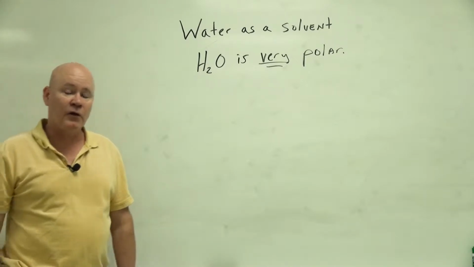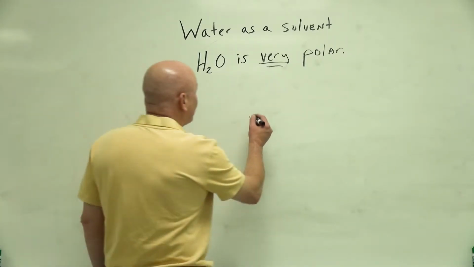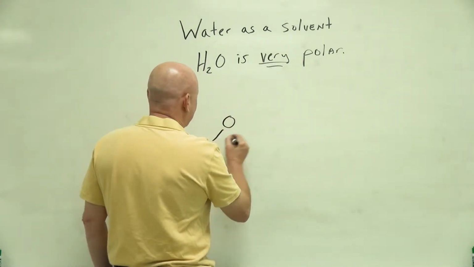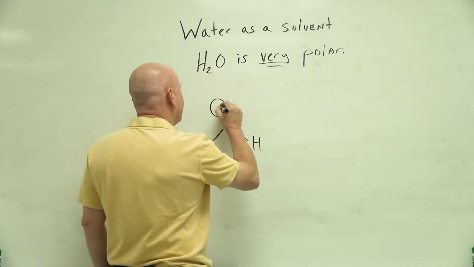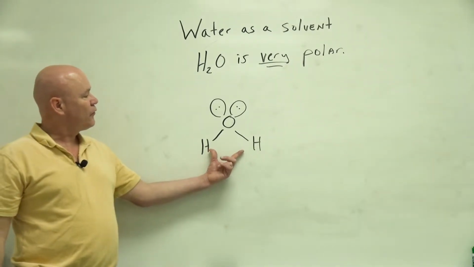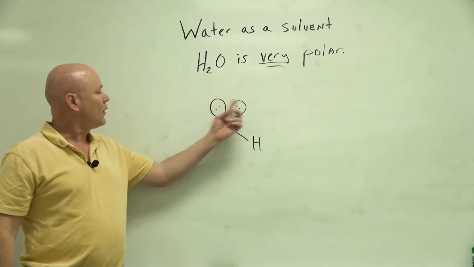Now let's go back to the geometry. Let's go back to our Lewis diagrams. And if you recall, water looks like this. We have the two hydrogens, H2, with the oxygen, with the lone pairs sticking out.